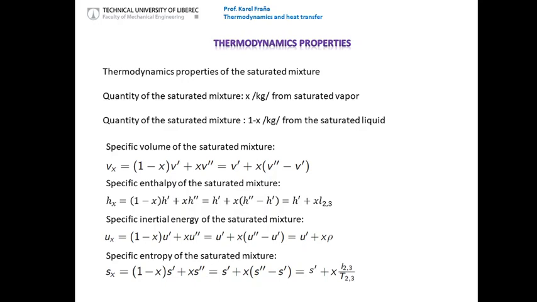And you can see the specific volume will be just proportional to the specific volume of the saturated liquid. Opposite, if the quality of the vapor reaches 1, the specific volume of the saturated mixture will correspond to the specific volume for the saturated gas.